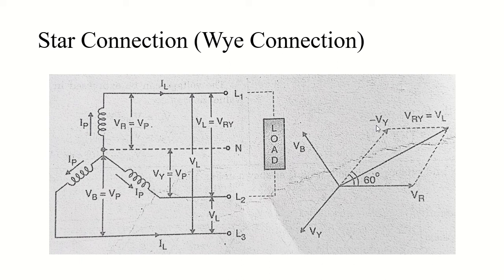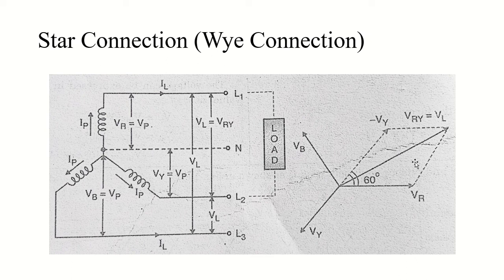When we take the vector sum of VR and minus VY, we will get this resultant vector, and we will call this resultant vector VRY, as it is between two phases VR and VY. So we will call it VRY and it will be my line voltage.